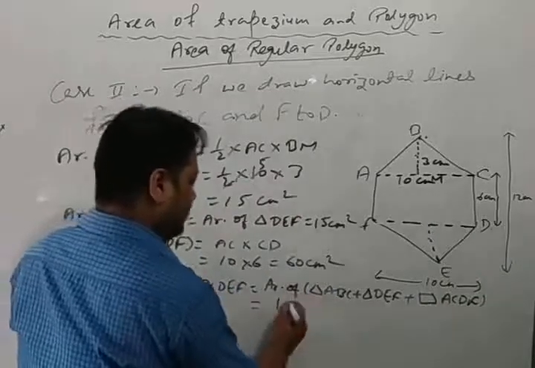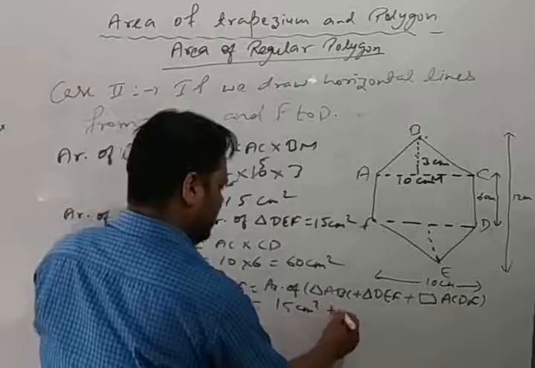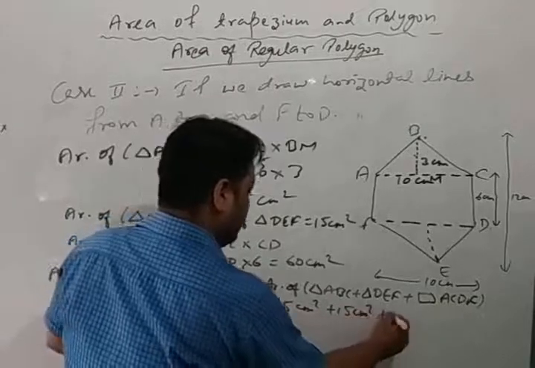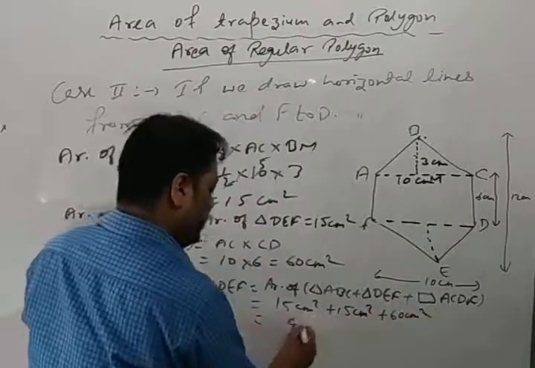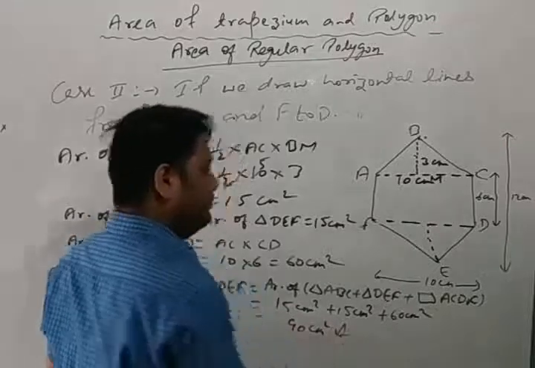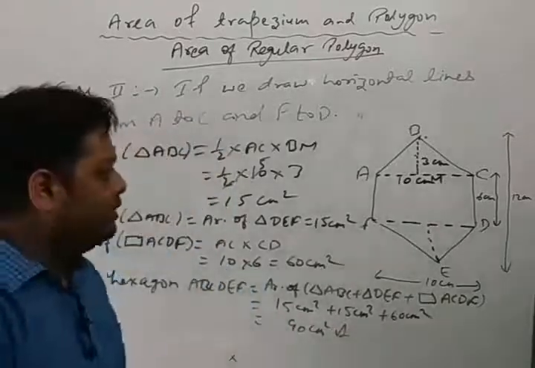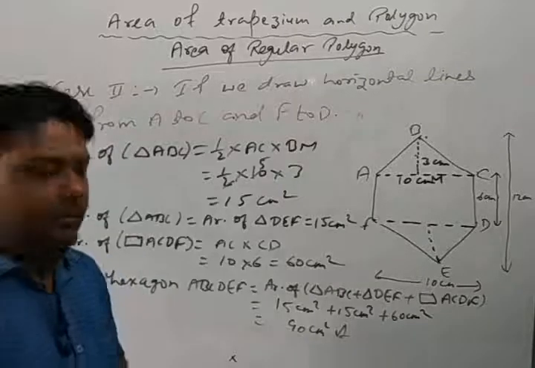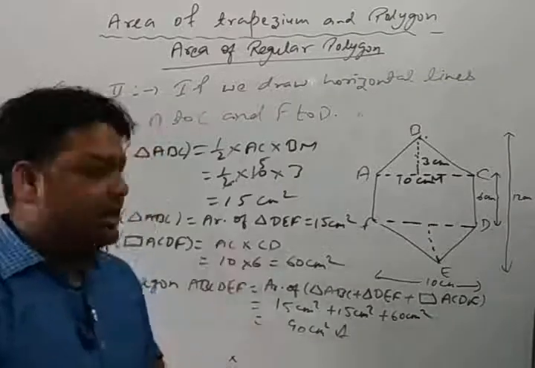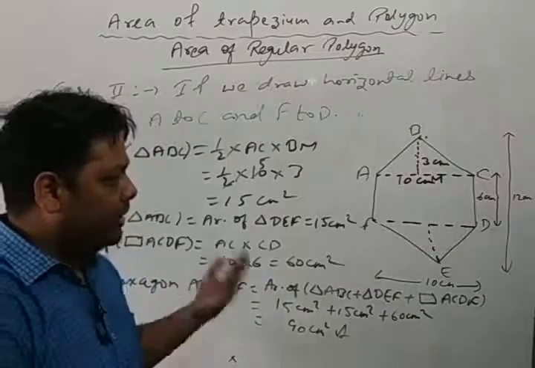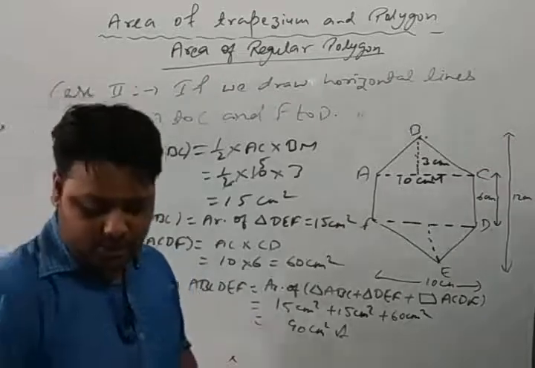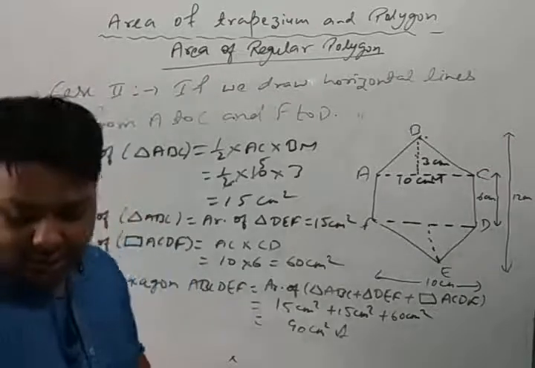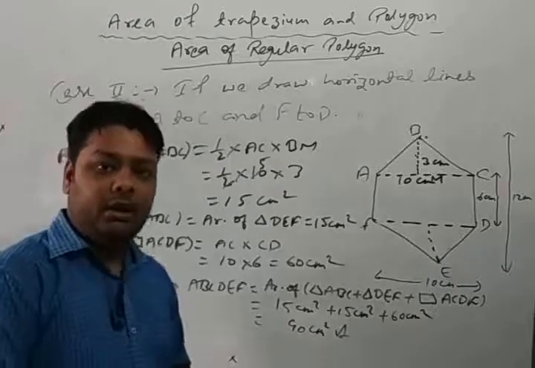Triangle ABC 15 centimeter square, then again 15 centimeter square, and 60 centimeter square. So it will be 90 centimeter square. Same as previous, we can find the area of the regular hexagon by drawing any imaginary line vertically or horizontally. Okay. Now let's find the area of an irregular hexagon.